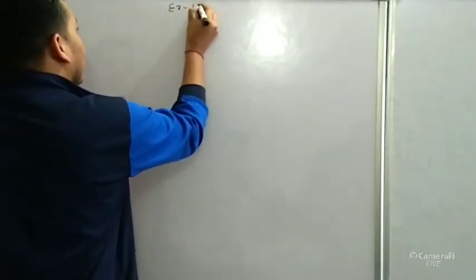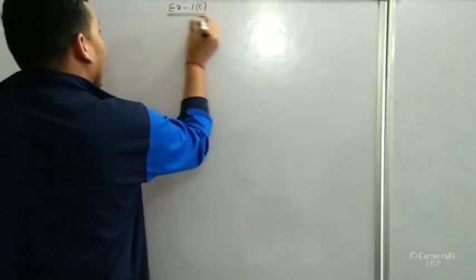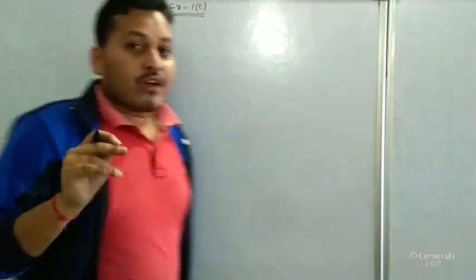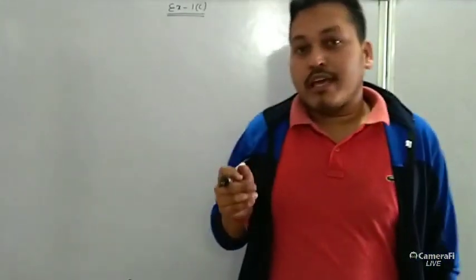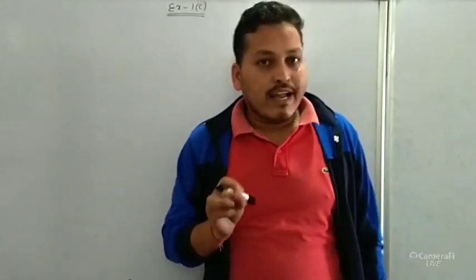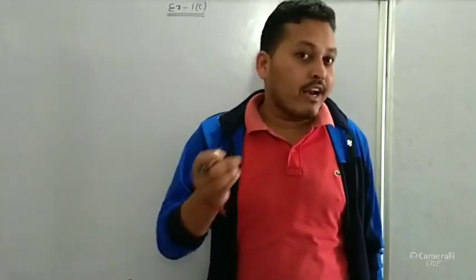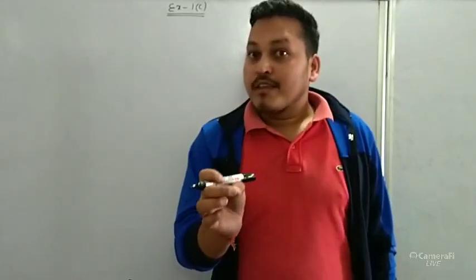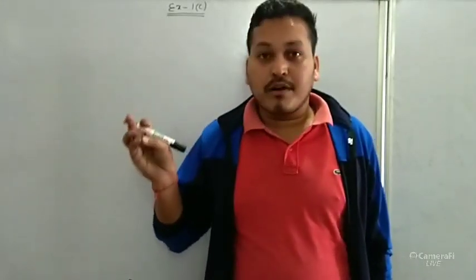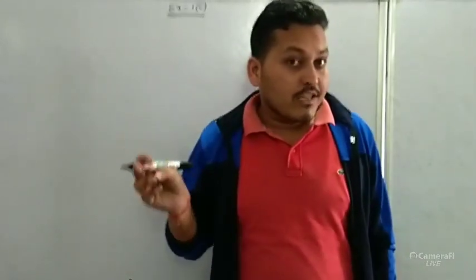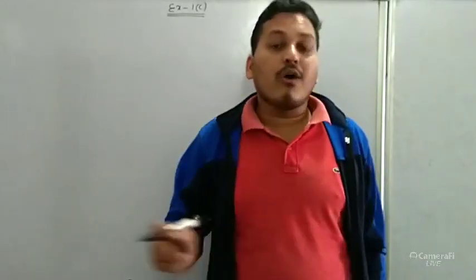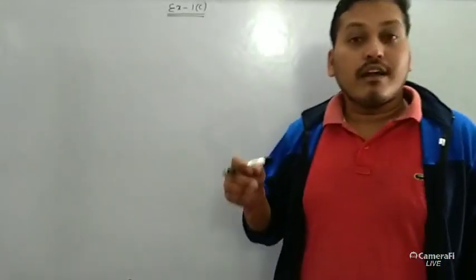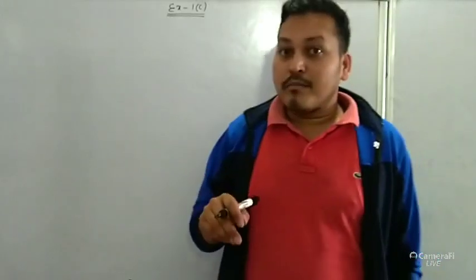Now today I am starting your new exercise. This is exercise number 1C. Okay, in the last exercise 1B there were 6 questions and all were very simple ones, because I already explained everything when we started the chapter and in the last lecture: what is a rational number, what is an irrational number, what is terminating, what is non-terminating, how we can convert the terminating, and irrational number.